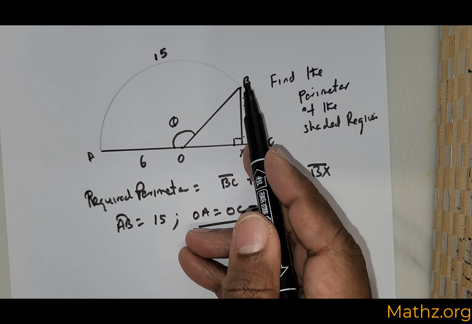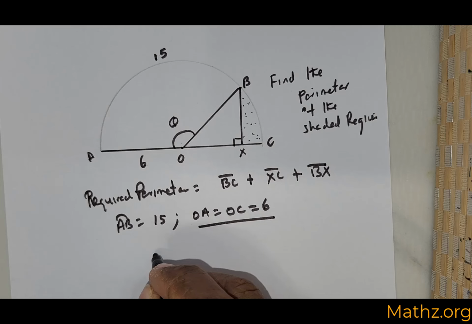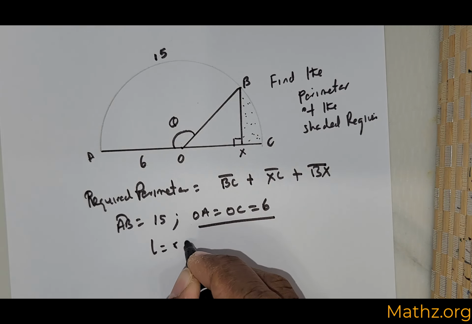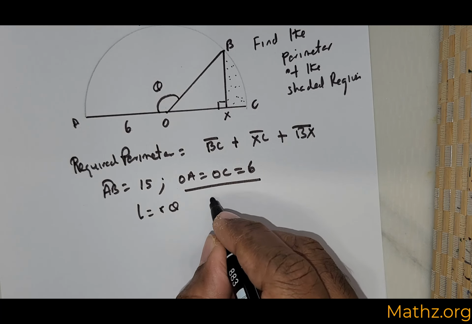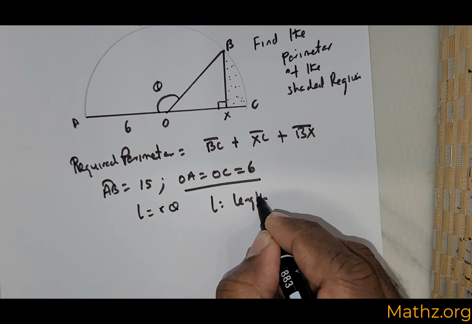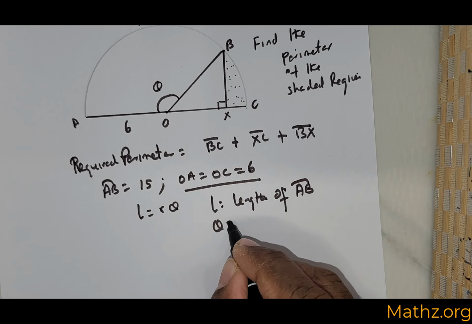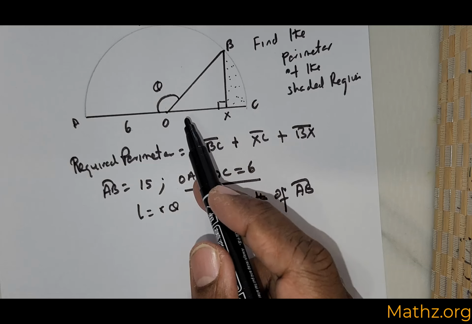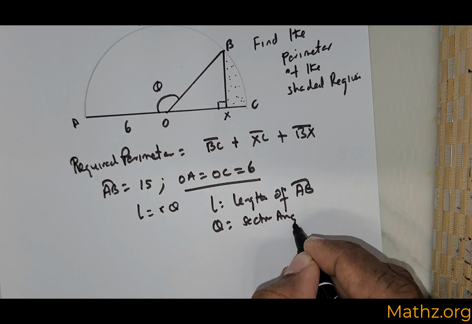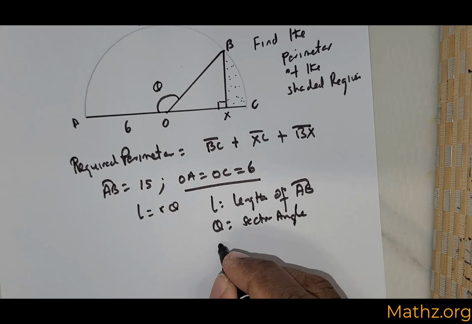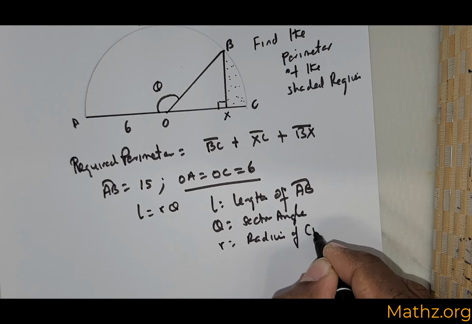Now AB is the arc length, right? So there is a formula which states that L is equal to R times theta. Now L is the length of the arc, length of AB. Theta is the sector angle, and R is the radius of the circle.